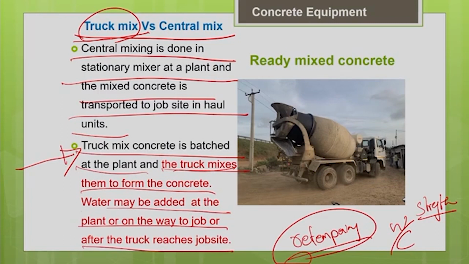After the mixer machine reaches the site, you can add the remaining amount of water and mix it to get the required slump. That is better when compared to retempering. As I told you earlier, if you just add the water, it will definitely increase your water to cement ratio, and that will affect the strength. That is why retempering of concrete is not advisable.